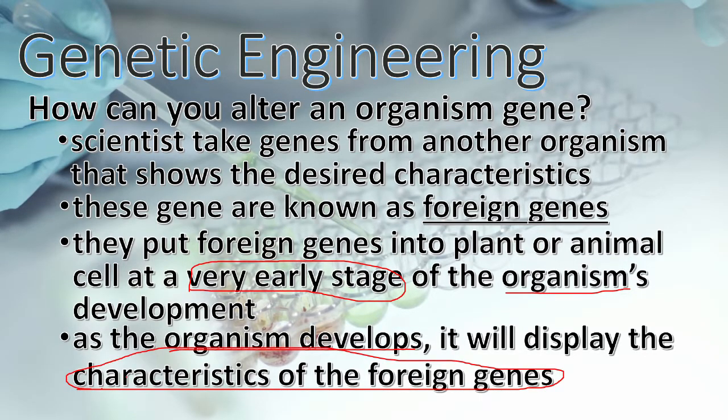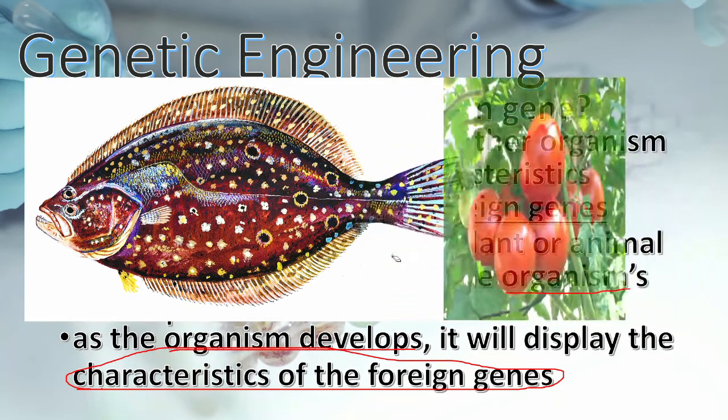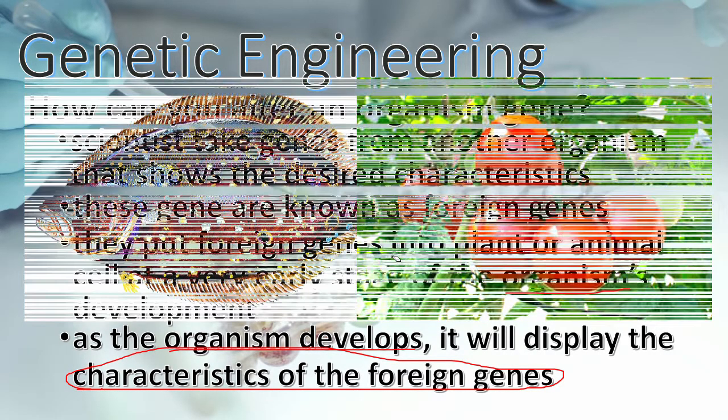The foreign genes also develop with it, and now they are creating a new type of organism, what we call the novel organism. This is a flounder fish, which has frost resistance; its gene is put into the tomato. That's why we have a frost resistant tomato, as I explained earlier.